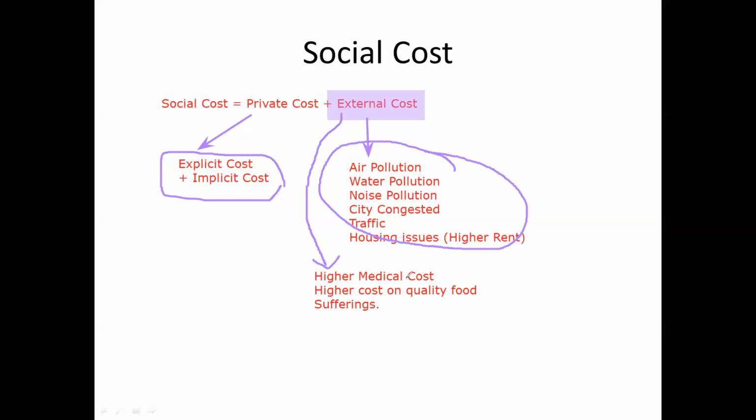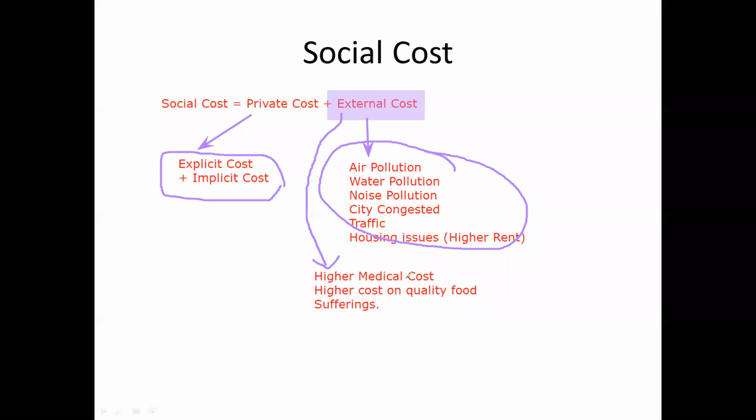They have to spend extra on food to improve their immunity. These are the outcomes of production activity. They can compare it with people living in a peaceful area where there's no pollution, so health is better. What society has to bear because of production is known as social cost.